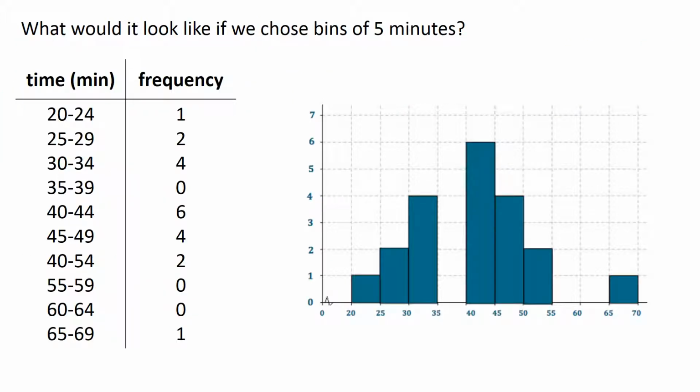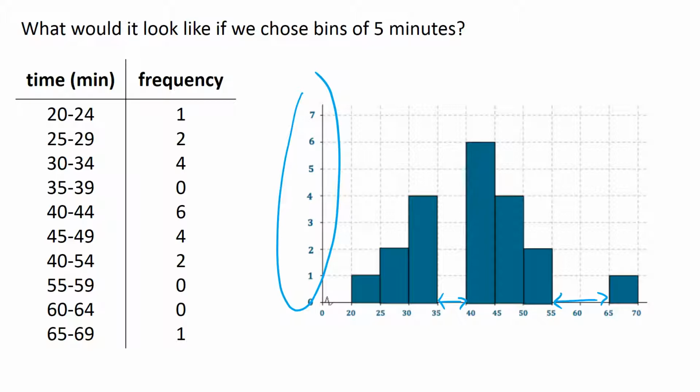So the last thing I wanted to show you was what it would look like if we chose bins of 5 minutes instead of choosing bins of 10 minutes. And so the first thing you'll probably notice is that there's some gaps in the histogram where there weren't gaps before. And the numbers on the frequency are smaller because when we have bigger bins, we're grouping more numbers into fewer bins.